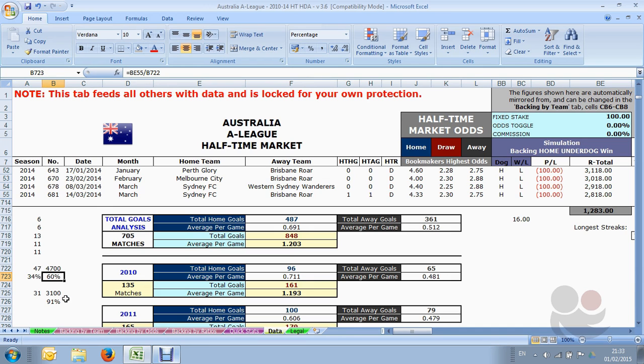If we look at return on investment, then obviously 31 bets lose, and the turnover is 3,100, and the return on investment jumps up to 91%. There are quite a few systems in the home draw away favourite and underdog tables which return investment rates of over 100% and even more.